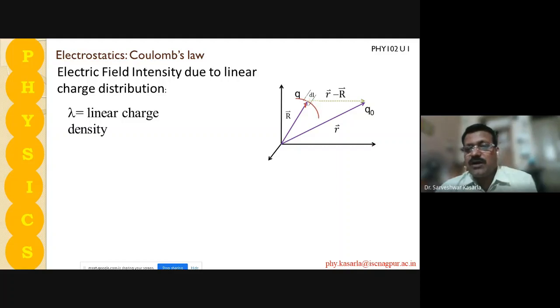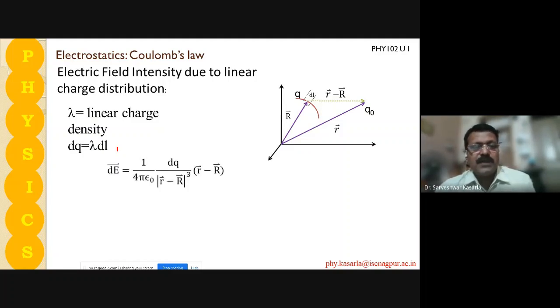We consider a small part of this line, of length dl, having position vector R. The small charge on this small length dl is to be found out, and the linear charge density is given as lambda. Therefore this small charge dq, distributed along this small length dl, will be dq equal to lambda into dl.